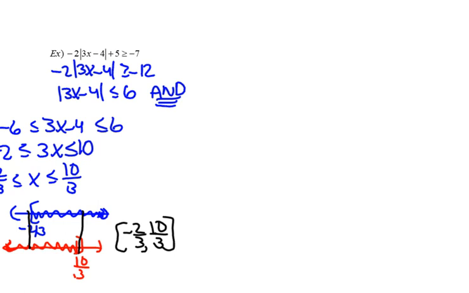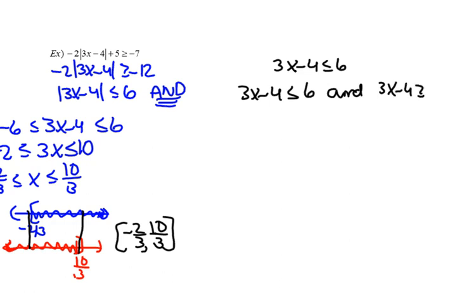Okay. All right, so your other option is when you get down to 3x minus 4 is less than or equal to 6. I can write this as 3x minus 4 less than or equal to 6. And that's an and there, 3x minus 4 greater than or equal to negative 6. So add the 4 and divide by 3.